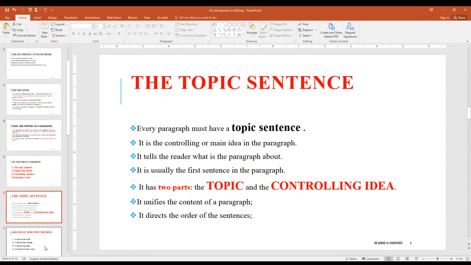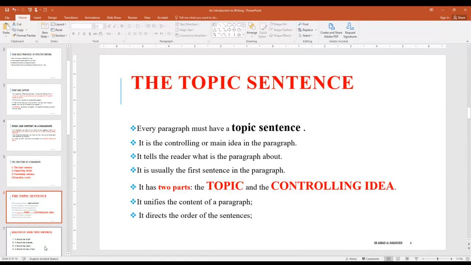Also, you studied about the topic sentence. What is the topic sentence? You have been taught that every paragraph must have a topic sentence. Every paragraph must have a topic sentence. It is the controlling or main idea in the paragraph.